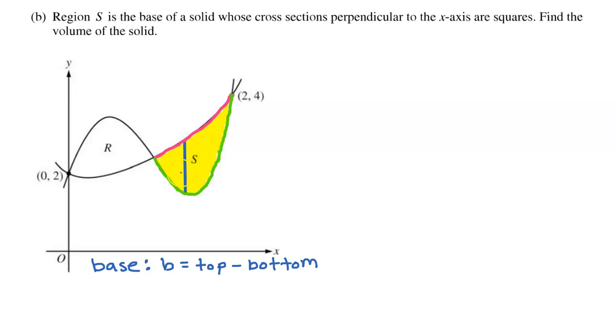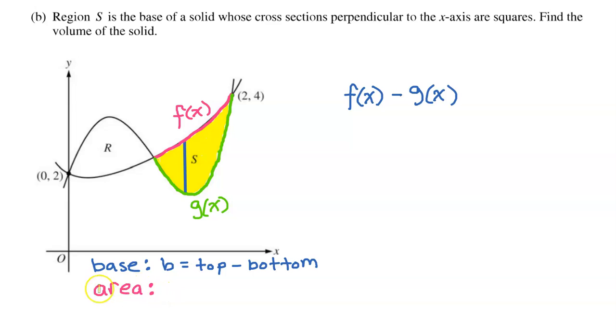If the slice is vertical, you can find an expression for the base by subtracting the top function minus the bottom function. In this case, the top function is f of x, and the bottom function is g of x. So an expression for the length of the base will be f of x minus g of x, the top function minus the bottom function.